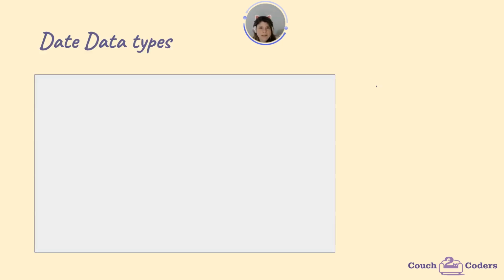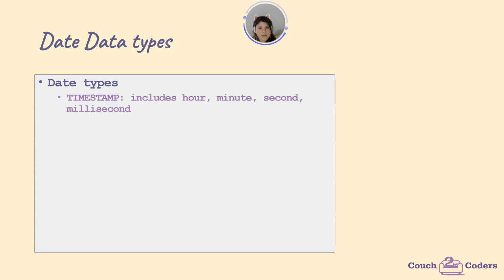We have a couple different ways that we can express dates and times. Date types, we first have timestamp. So this includes your regular date, January 2nd, 2022, but it also includes the actual time, hour, minute, second, millisecond component. So when you hear timestamp, you're thinking something that's very, very accurate down to the second.